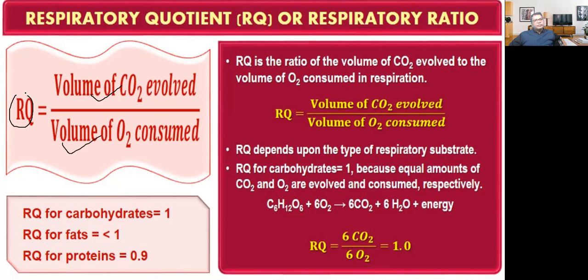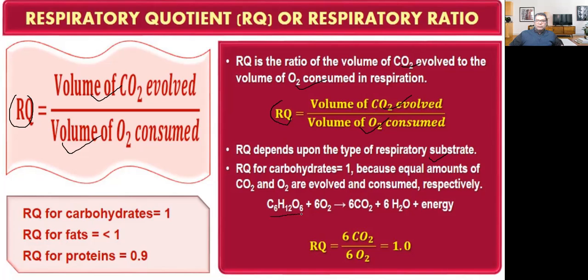RQ is the ratio of the volume of carbon dioxide evolved to the volume of oxygen consumed in respiration. RQ depends upon the type of respiratory substrate. RQ for carbohydrate is 1 because equal amounts of carbon dioxide and oxygen are evolved and consumed respectively.